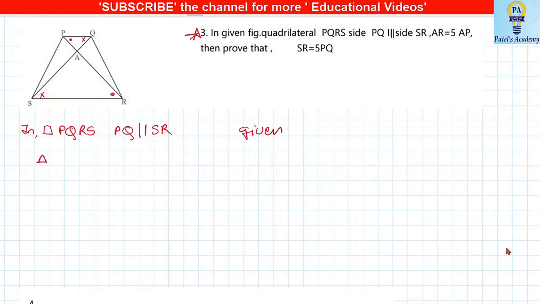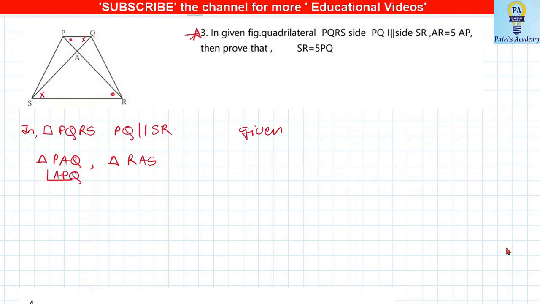First let me write down the names of the triangles. So in triangle PAQ and triangle RAS, we are talking about these two triangles. First we'll write down the angles which I marked with a dot.